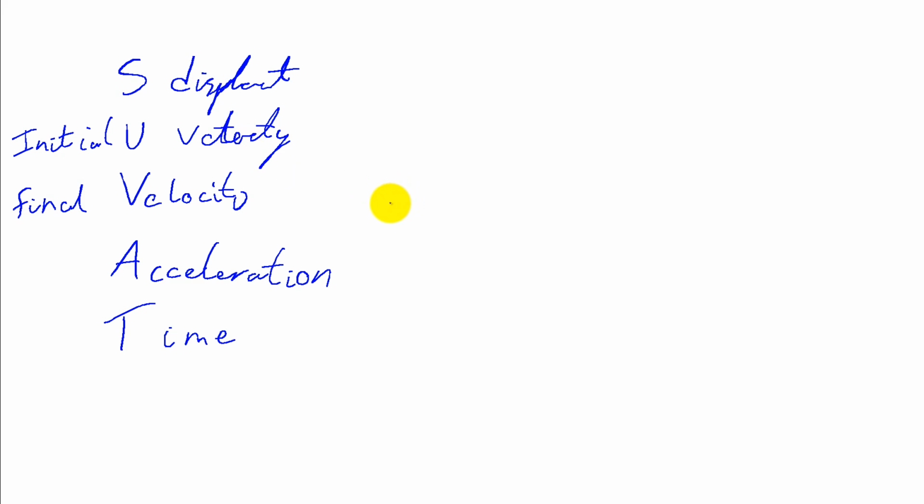So, when we're looking at the motion of an object, we can describe its displacement, its initial velocity, its final velocity, its acceleration, and the time of its motion.